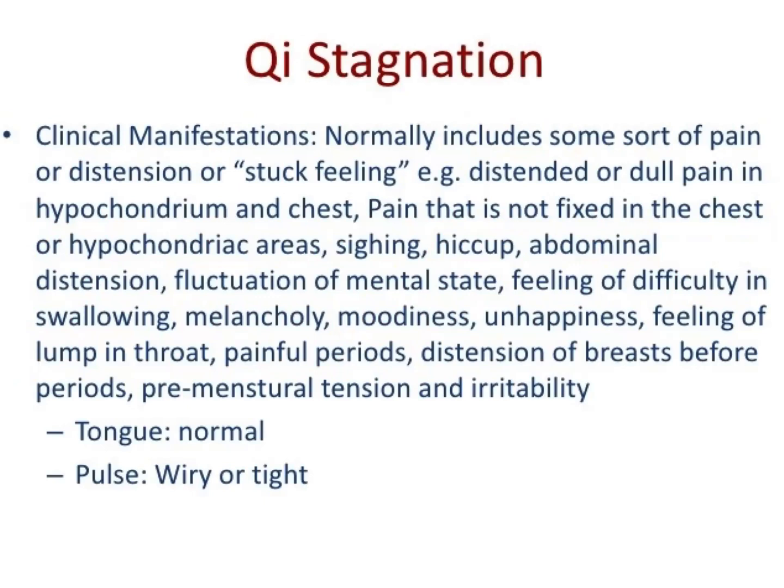For example, distension or dull pain in the hypochondrium and chest, pain that is not fixed in the chest or hypochondriac areas, sighing, hiccup, abdominal distension, fluctuation of mental state, feeling of difficulty in swallowing, melancholy, moodiness, unhappiness, feeling of lump in throat, painful periods, distension of breasts before periods, premenstrual tension, and irritability. The tongue will be normal, while the pulse will be wiry or tight.